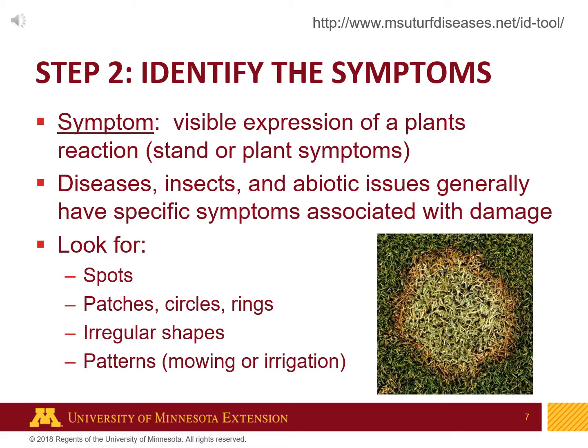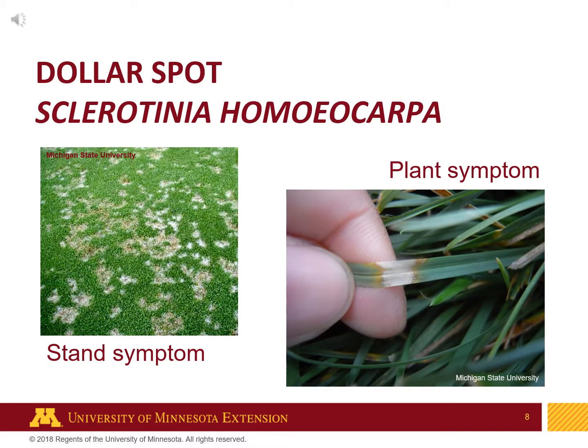Many of the issues encountered on roadsides will have specific symptoms associated with damage, such as spots, patches, irregular shapes, or abiotic-related problems. This example depicts the dollar spot fungus, which has whole stand symptoms expressed in the form of spots and individual plant symptoms as lesions on the leaf blades.